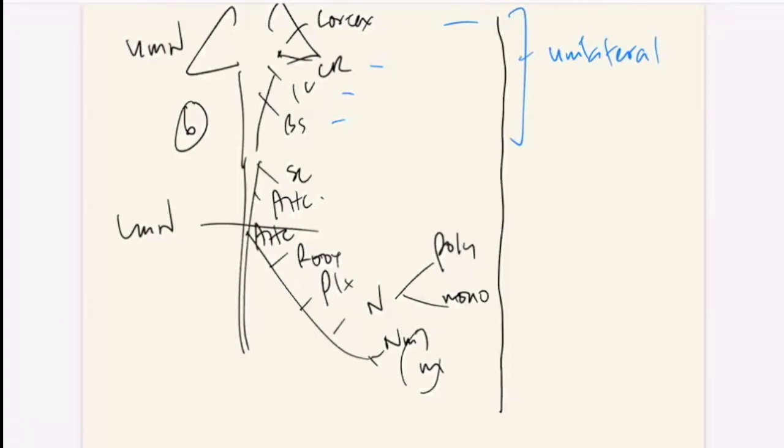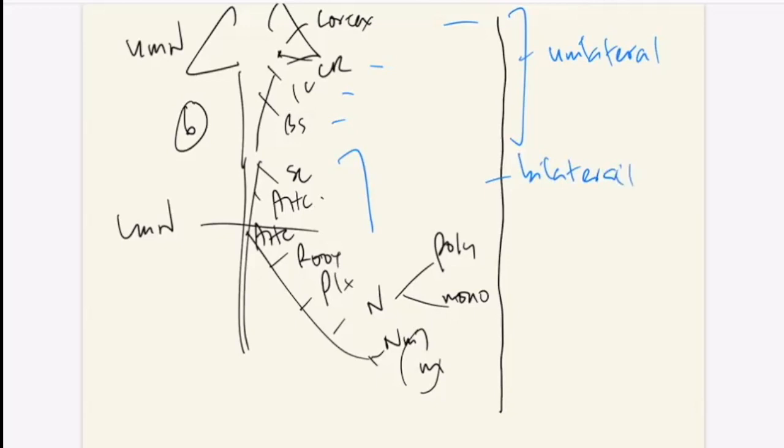Whereas spinal cord and anterior horn cells, especially spinal cord, most often in the exam we get bilateral spinal cord lesion. Occasionally you get Brown-Séquard, but not common now. Most often they are bilateral.